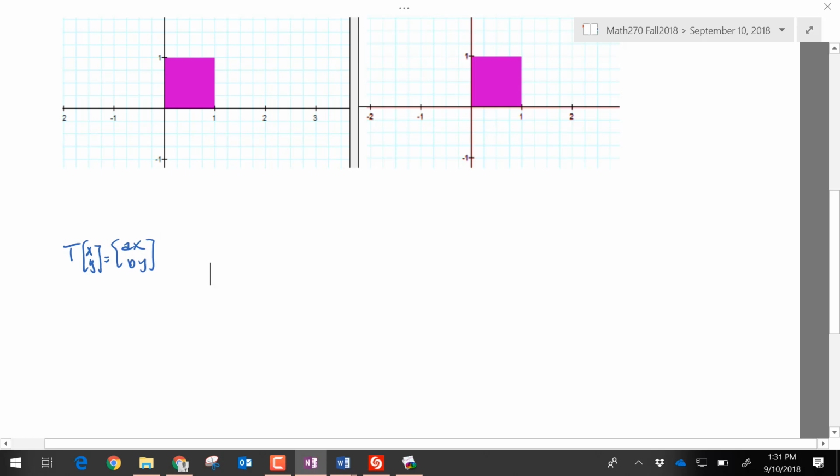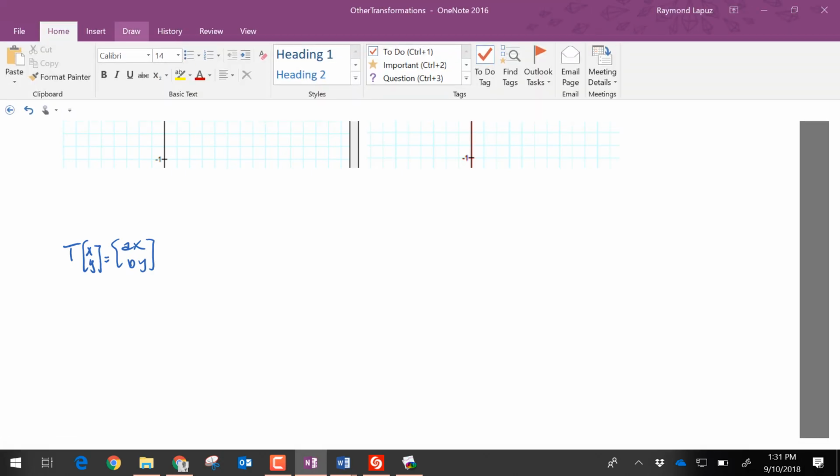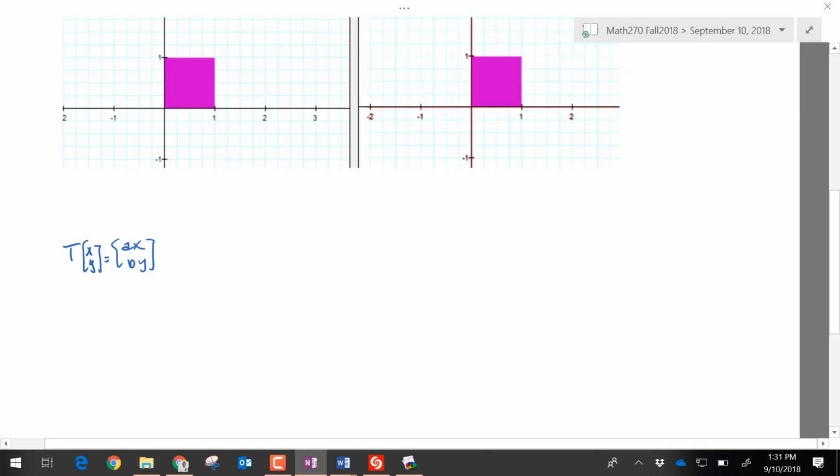What Alan is suggesting is to take a look at what happens to the i and j components of this. If we put x equal to 1 and y equal to 0 in this case, what would I have? A x and 0, right?